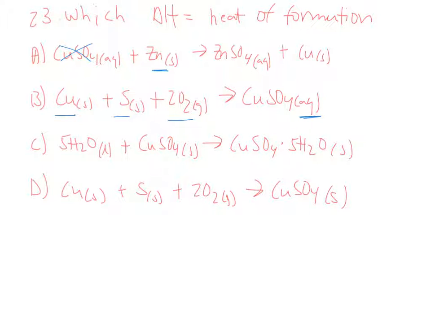CuSO4 actually forms a solid crystal, so the problem is over here. C, I've got H2O and CuSO4, those are not elements. And D, finally, I have copper, sulfur, and oxygen, each in their standard state, and they're forming copper sulfate as a solid, which is also its standard state.